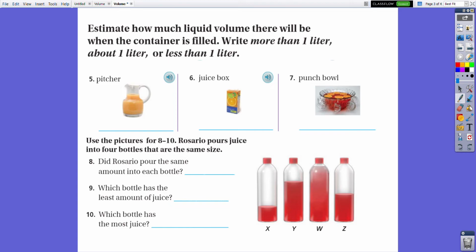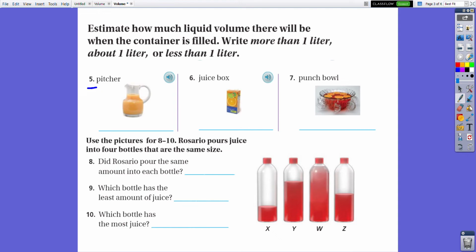Again, estimate how much liquid volume there will be when the container is filled. Write more than 1 liter, about 1 liter, or less than. Look at number 5, pitcher. You know the pitcher, the one that's holding juice? Now, do you think the volume of this juice is more than 1 liter, less than, or about?